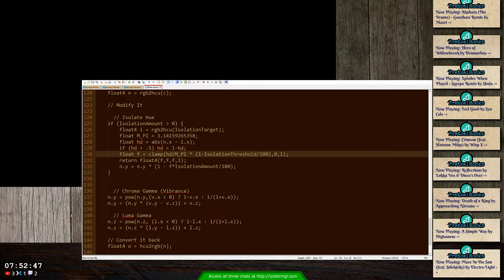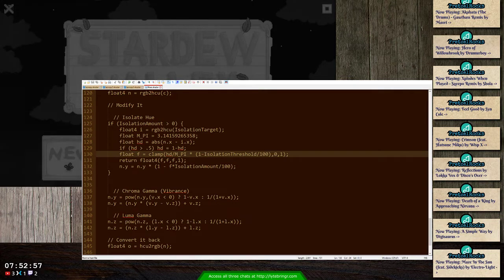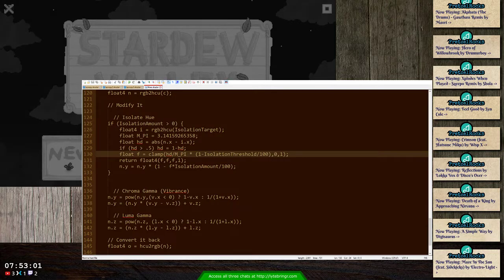Okay, at 100, it's completely gone. At 0, it keeps getting brighter.